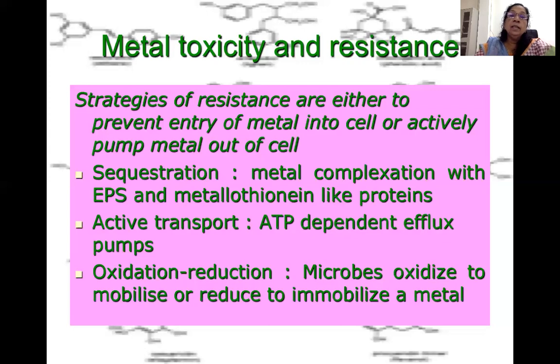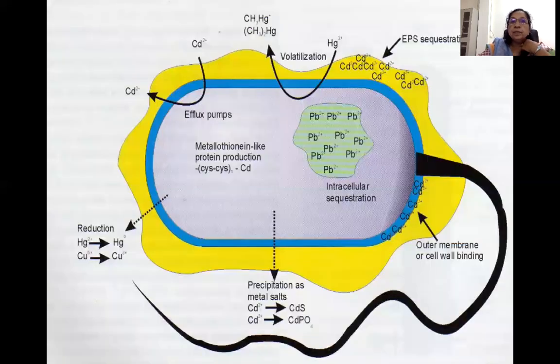So these are the different strategies of a microbe to resist the metal, either to prevent the entry of the metal into the cell, or if it enters, to reduce the toxic effects. This figure shows in a nutshell what I have told earlier. The blue color is the cell membrane.